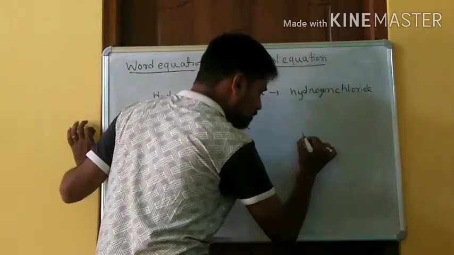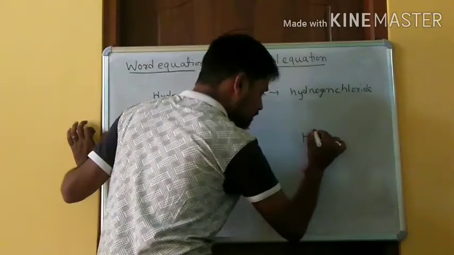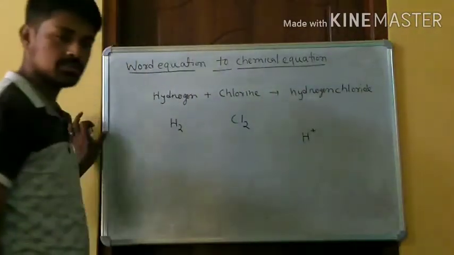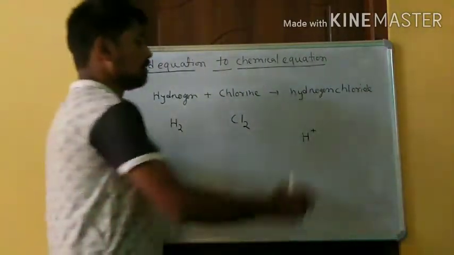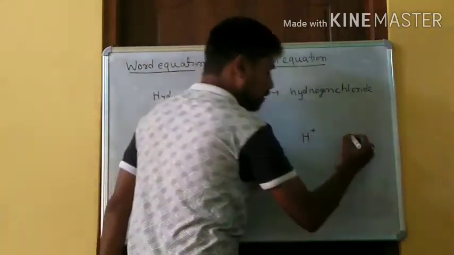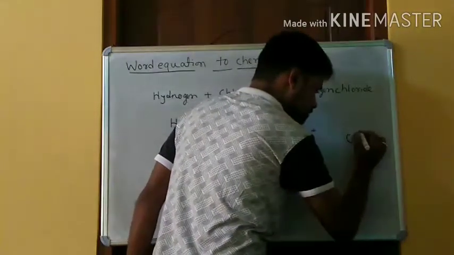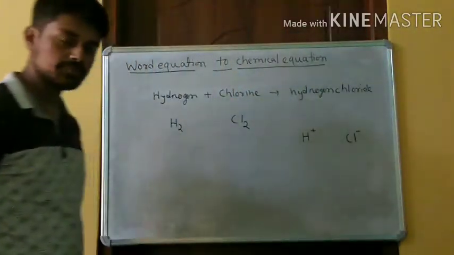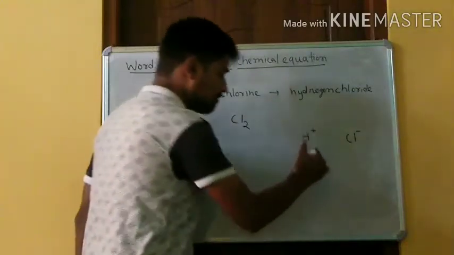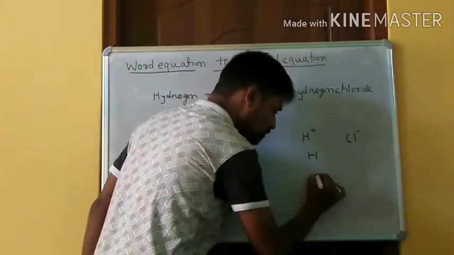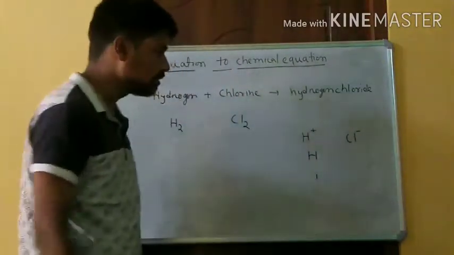The valency of hydrogen is 1 and its ionic form is H plus in this case. And chlorine is written as Cl minus, which is known as chloride. Its valency is 1, so write 1 below hydrogen.